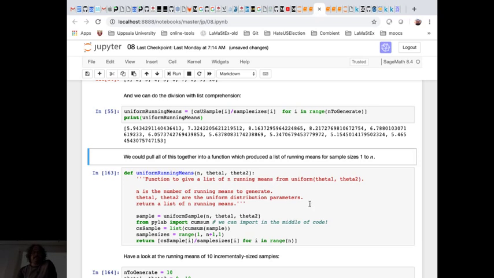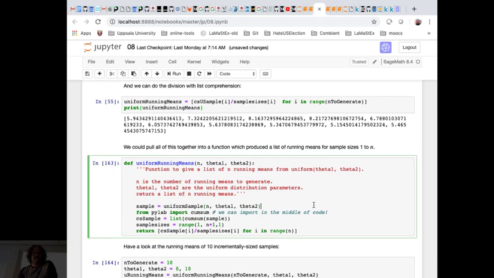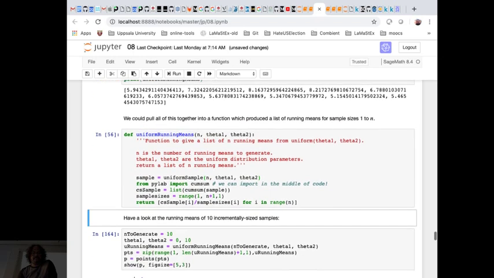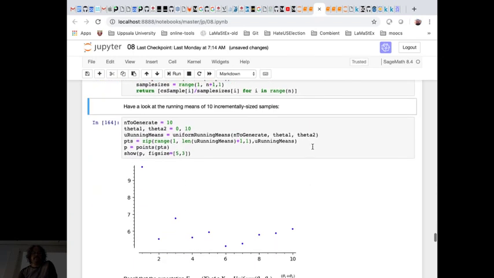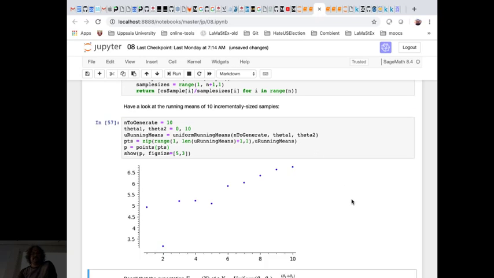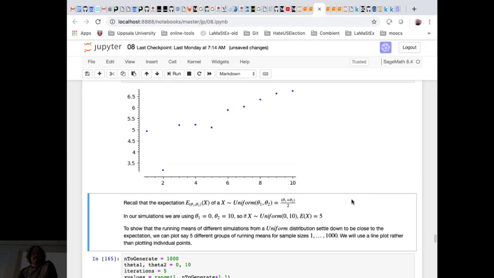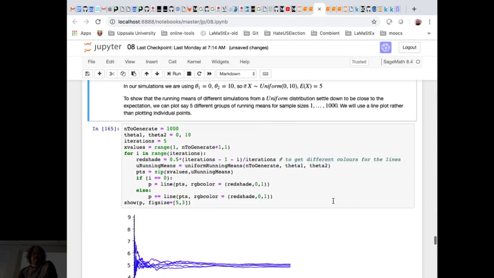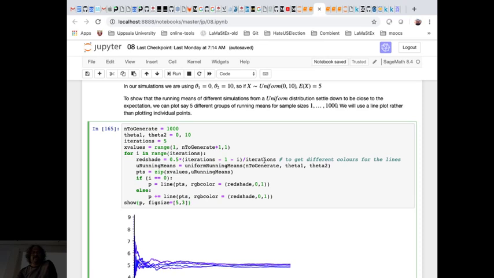So that's that. Now let's turn this into a function, so I have a function for uniform running means, and I can plot them. There we go. Now, n to generate is how many samples to generate. Iterations is 5, so I want to repeat the whole thing 5 times.